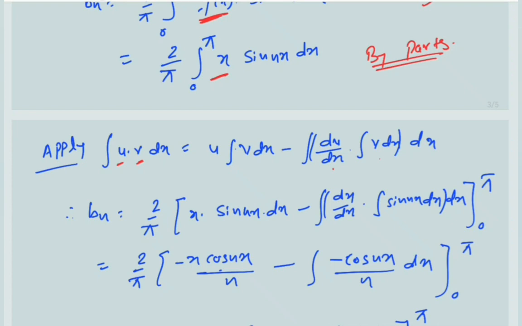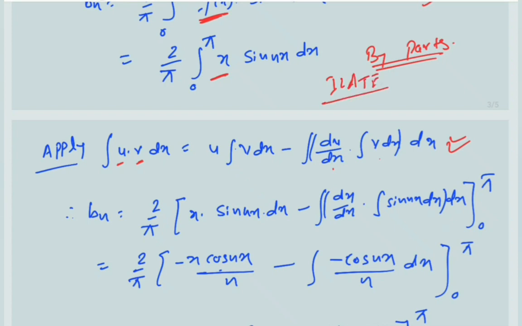Okay, so u into v is the integration by parts, meaning two functions, and the integrand can be written like this. So here u is x and v is sin nx. How will we select this? That is again the rule we studied in 12th, ILATE.